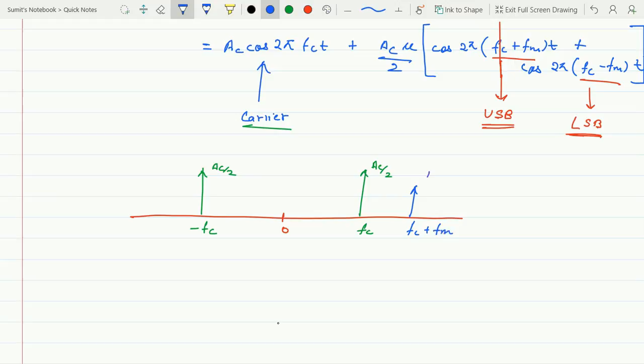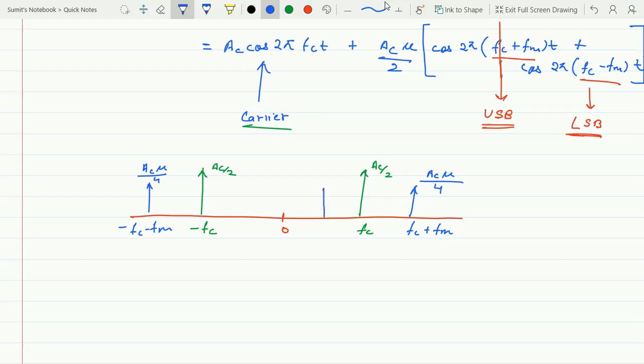What would be its value? I told you already, when you are multiplying with cos, just split the signal into two and put it at the two parts. So if this was A_C mu by 2, the original amplitude, now it becomes A_C mu by 4. Similarly on the other side you will also get A_C mu by 4 at minus F_C minus F_M, and then the lower sideband, which is F_C minus F_M, would lie before F_C.